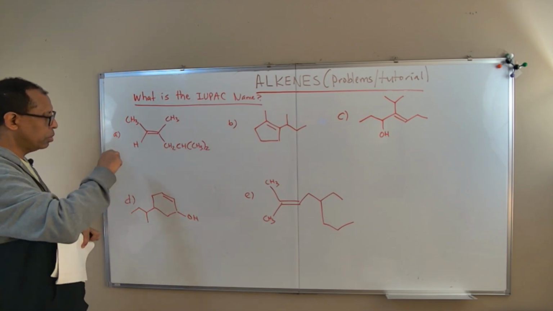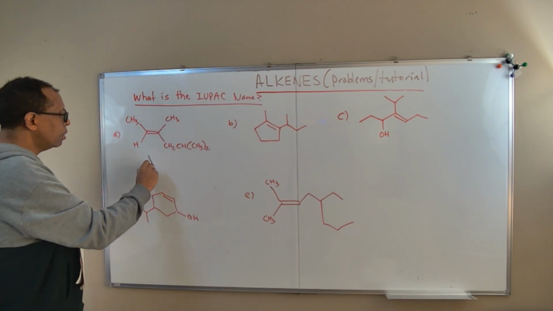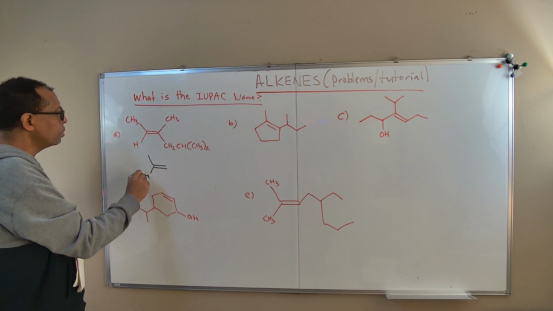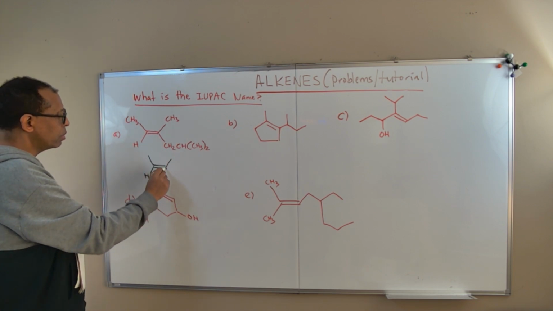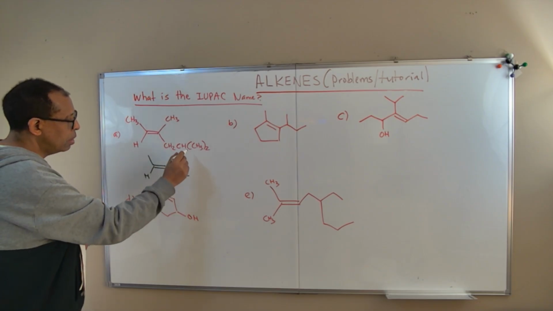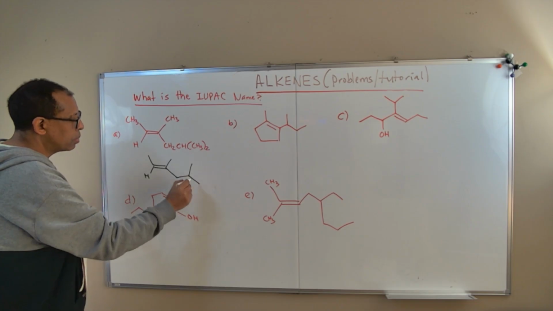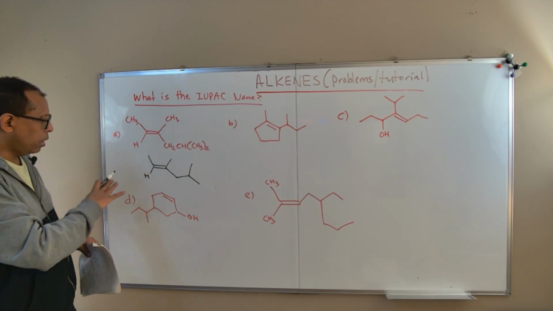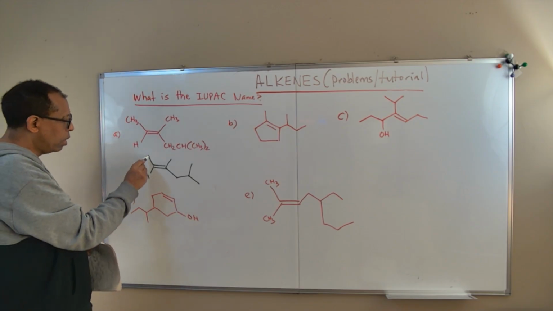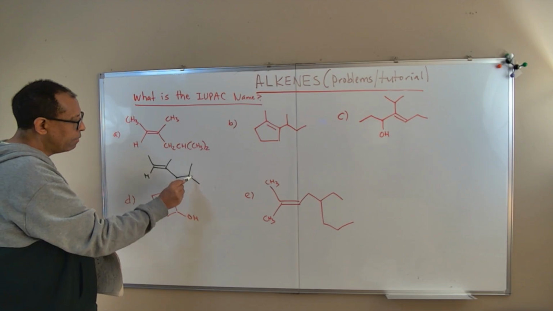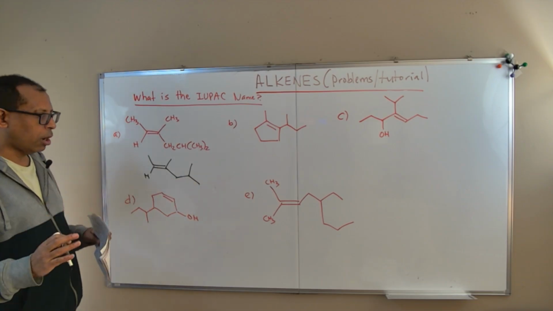If I redraw this, it looks like CH3, this is hydrogen, CH3 there, CH2, CH, and 2 methyl groups. So that's how it looks. In the naming of this, it is 1, 2, 3, 4, 5, 6. It is a hexene compound.